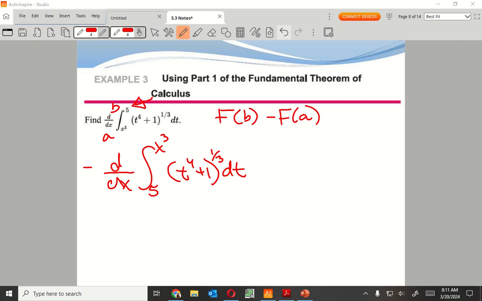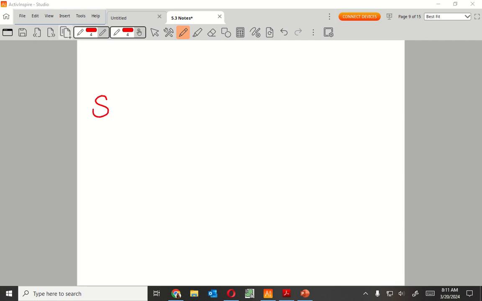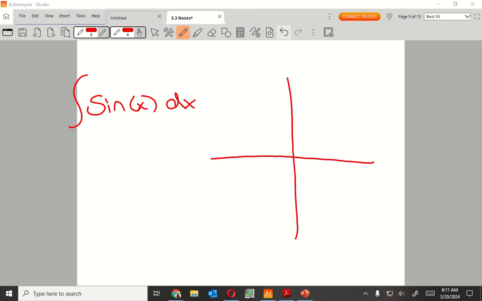The graph is on the homework, I think. If I did sine of x and take the integration of dx, my graph is going to look like this. I start with sine, and sine starts at 0.